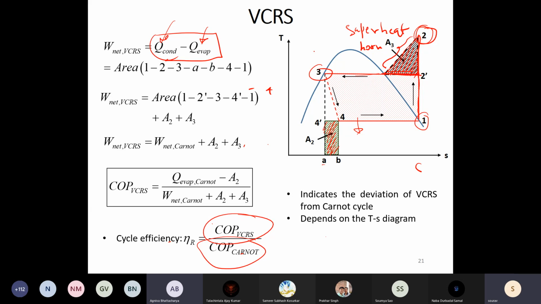The property of this pure substance which we are looking at is the liquid plus vapor dome, this dome itself. This dome is not fixed for all the refrigerants, so it can change its shape. We will derive this area in some other way, and it will lead to some other area under the curve, which has more direct correlation with the shape of this dome.